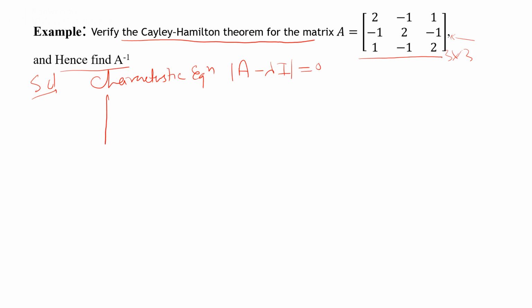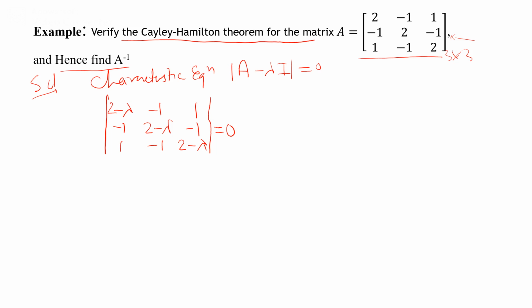Now we write the determinant, and what is that? We just subtract the lambda in the diagonal, minus 1, 2 minus lambda, that is minus 1, 1 minus 1, 2 minus lambda is equal to 0. On expanding that determinant, we get an equation. And what is that equation?